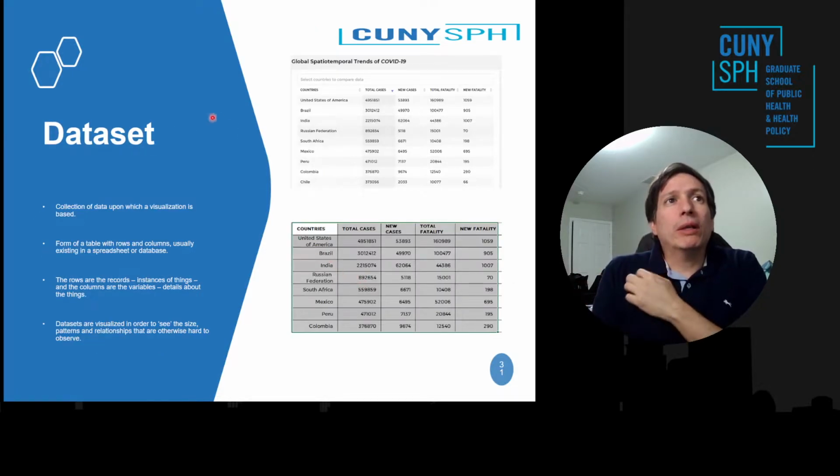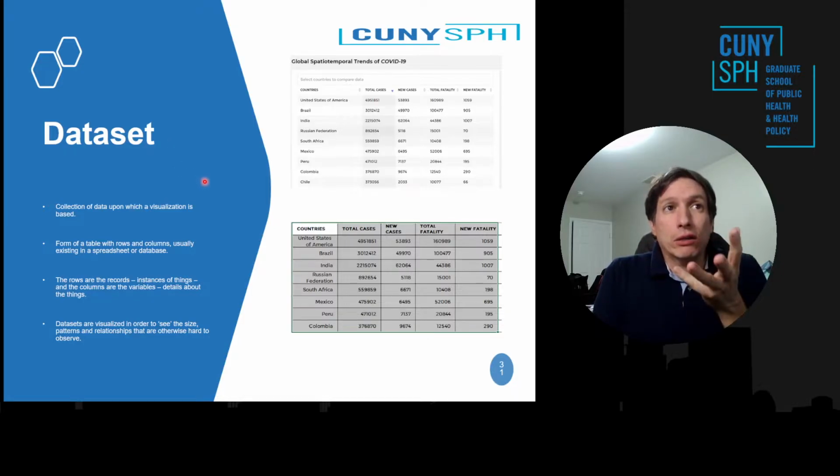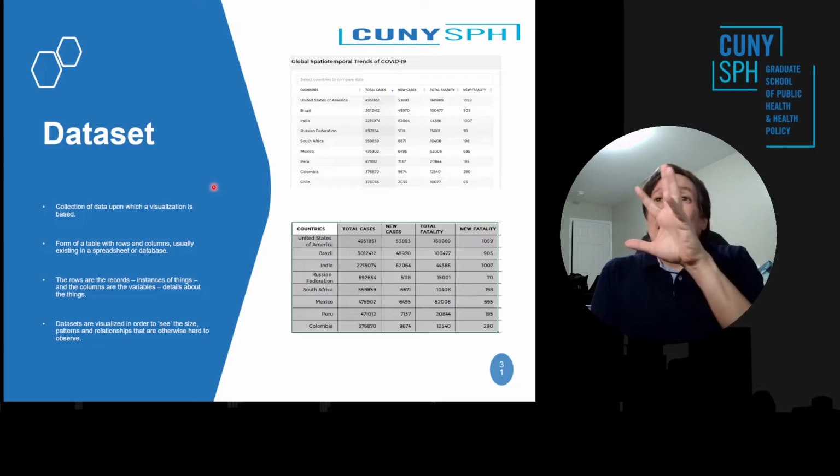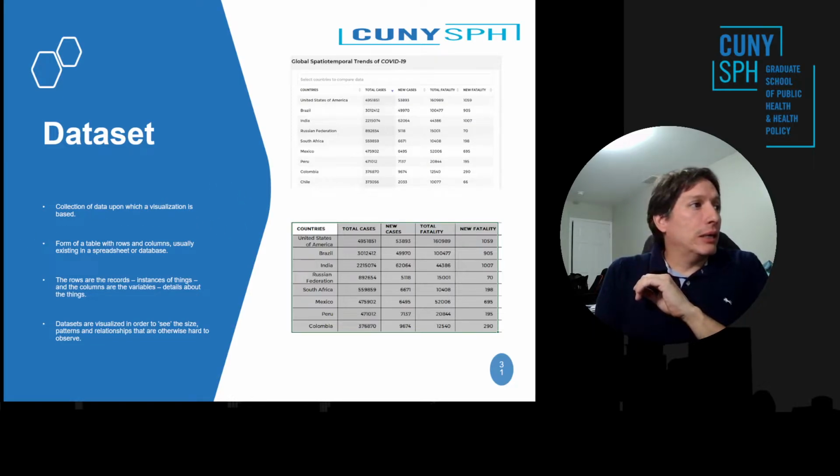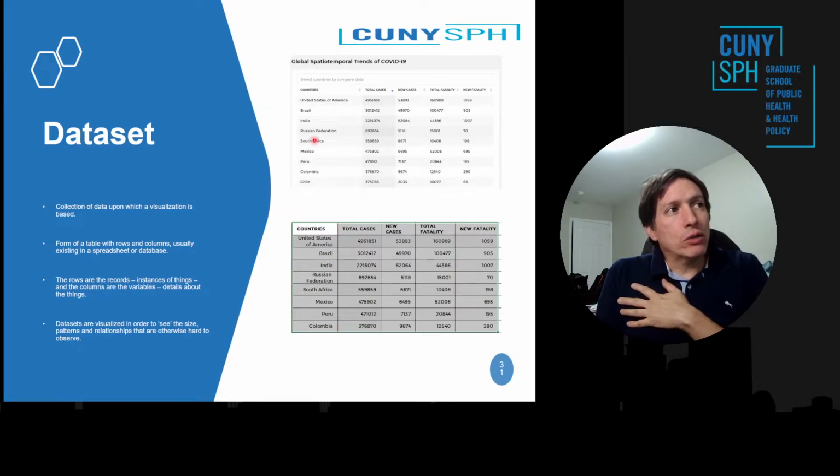We also need to remember to consider the data set, which we already introduced: the collection of data that we are going to be using for the visualization. Data sets can be in the form of tables, where we have rows and columns. Usually we have the observations as rows and the variables as columns.